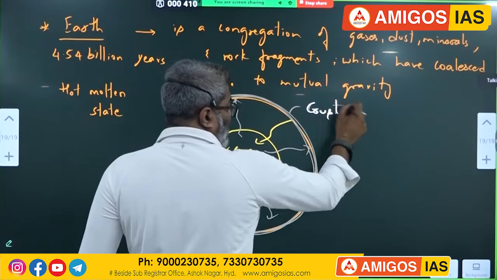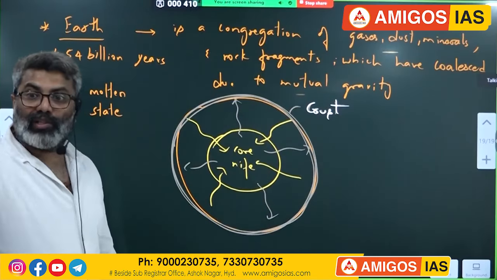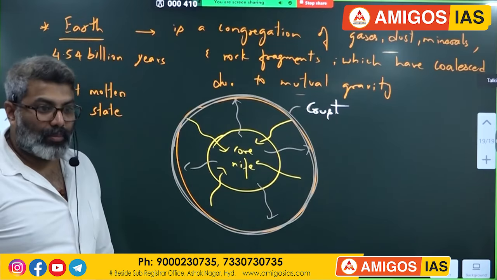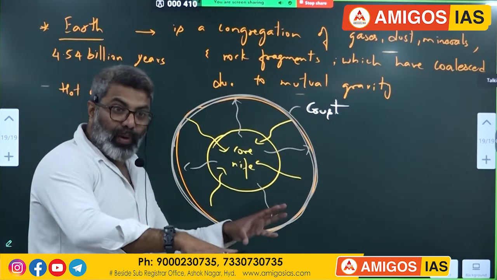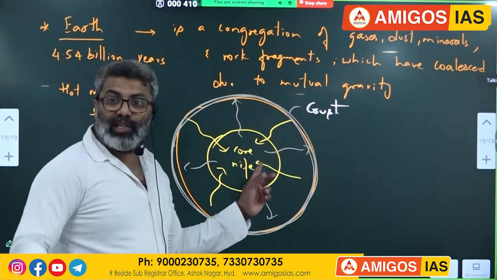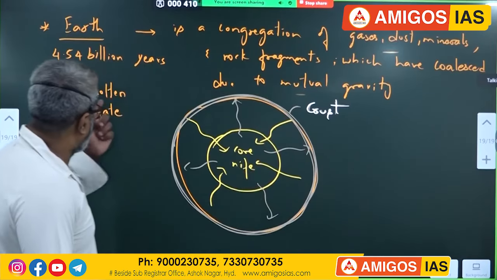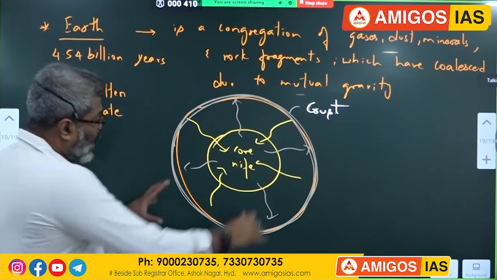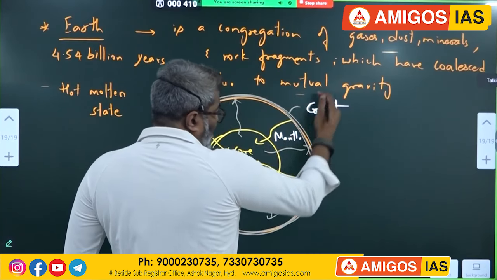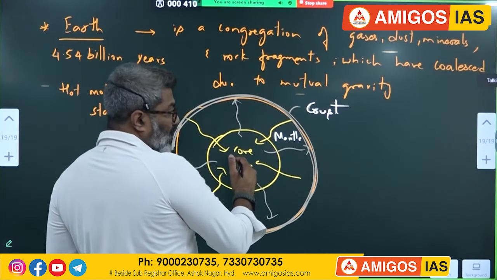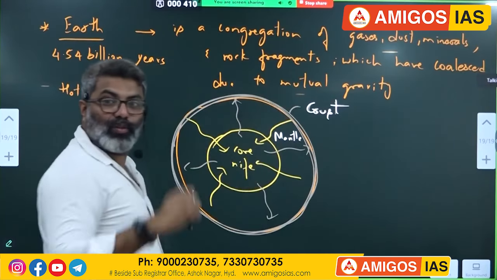Crust is the outermost layer of low density minerals and gases. Core is the innermost part of the Earth having higher density minerals, because of the molten state. In the middle was mantle. Crust, mantle and core. So like this 3 layers were formed.